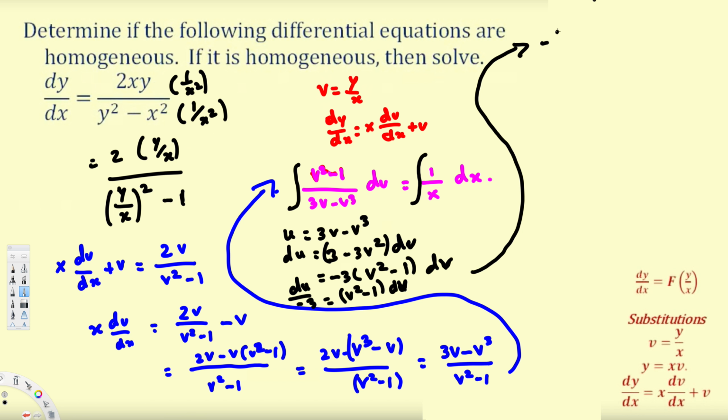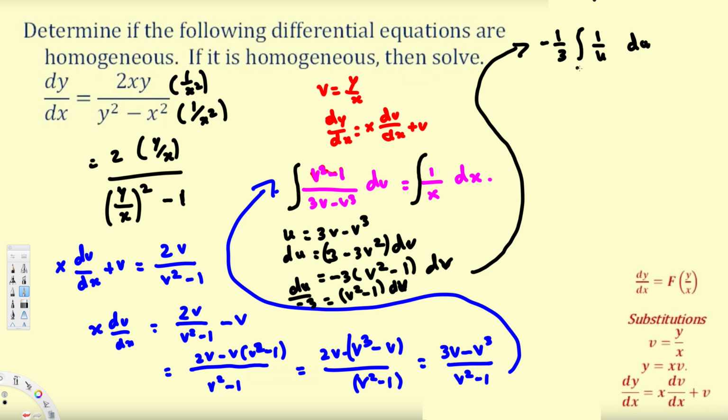So we can take this 1 over minus 3 in front, and inside the integration we are going to have dg here, and we have 1 over 3v minus v cube remaining, that is equal to u. So this is going to be 1 over u right here, right?